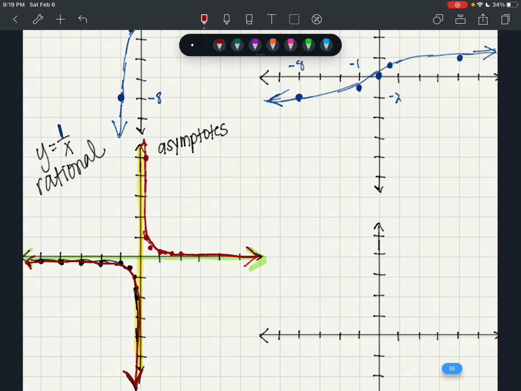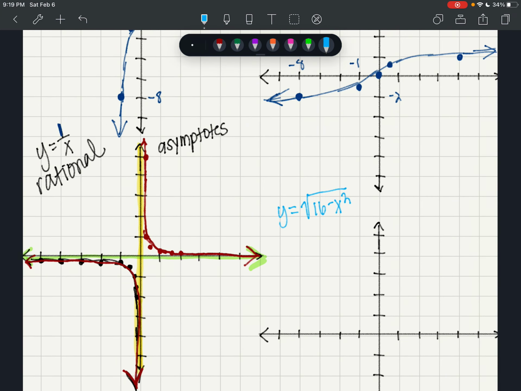And what's another good graph? I'm thinking. Another good graph would be y equals the square root of, let's say, 16 minus x squared. 16 minus x squared is going to be a semicircle with a radius of 4.